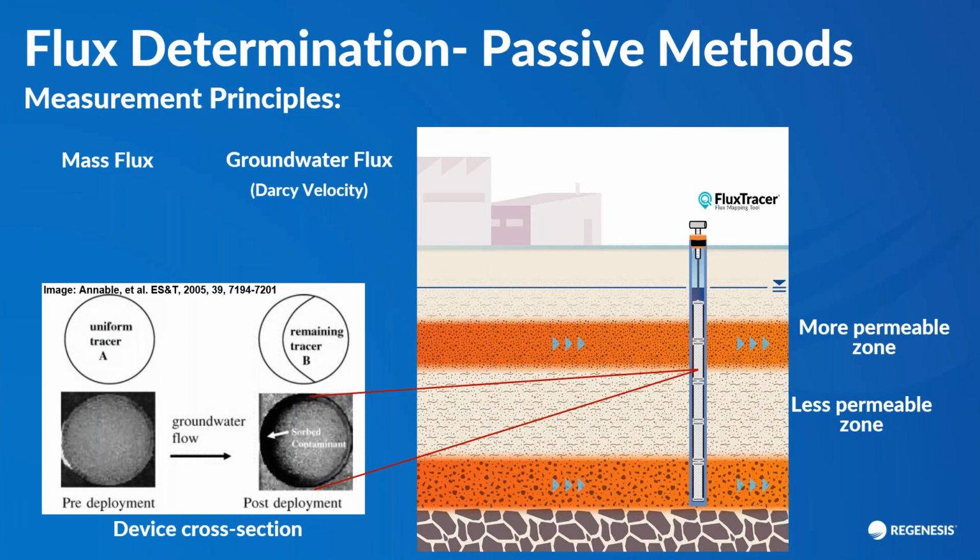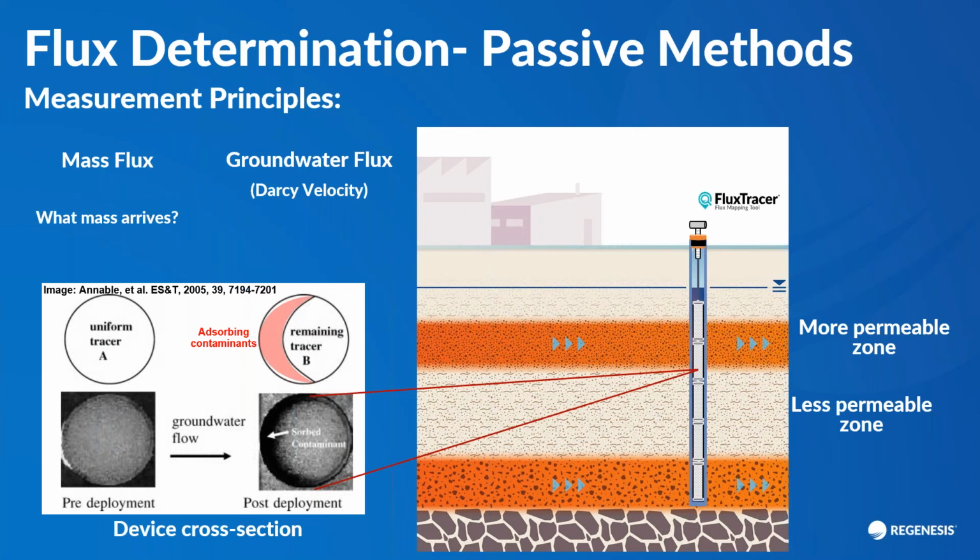And so again, the principle is that as groundwater is moving through, we're capturing contaminant mass in each of our vertical zones. And that's what we're going to use to figure out what our contaminant mass flux is. So what's the contaminant mass that arrived in this sorbent material that we've put in?